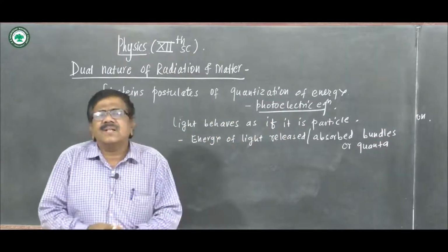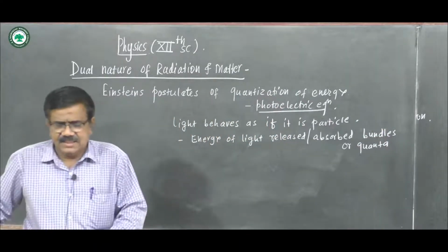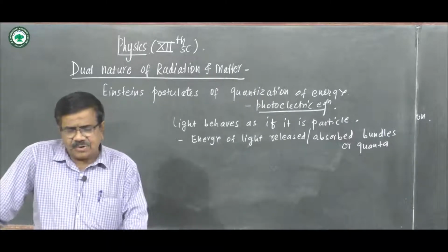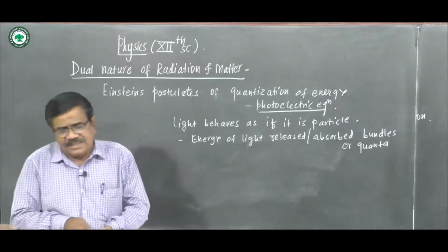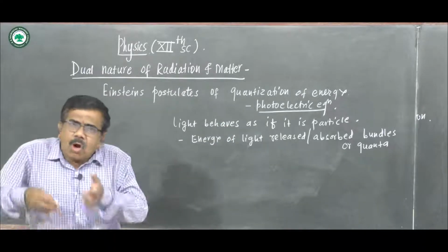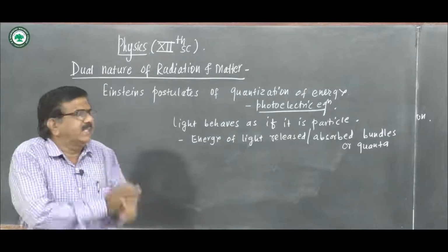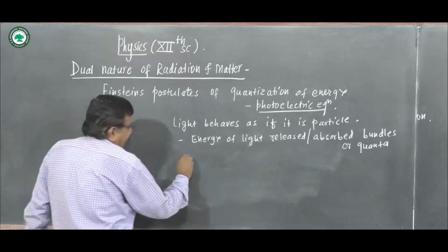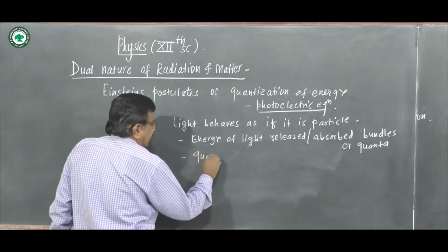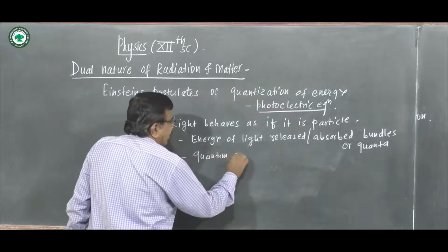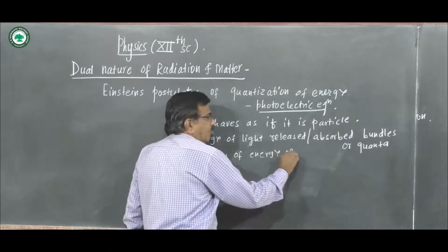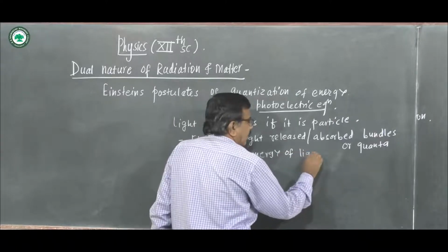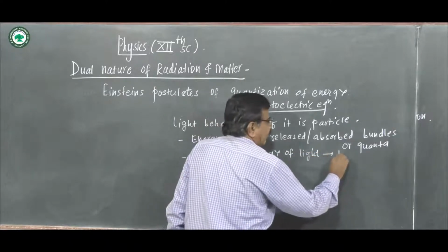Sometimes light behaves like a particle under certain conditions, and its energy is released or absorbed as bundles, also called quanta. The quantum of energy of light is called a photon.